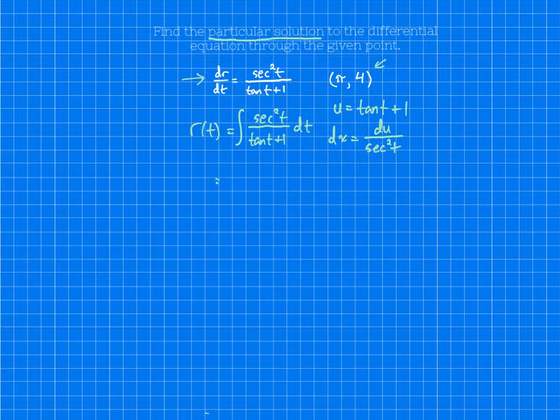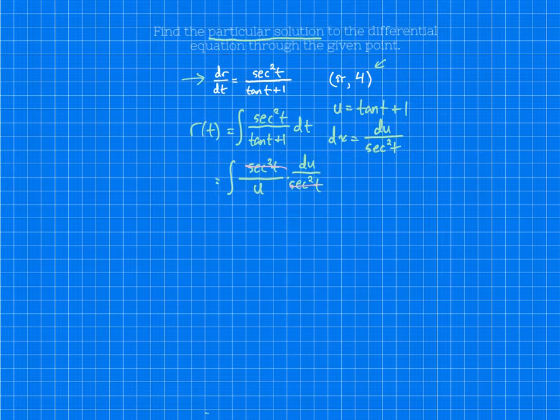So let's make the substitution. I'm not subbing anything into secant squared. However, my bottom does become u. And then the dt, oh, I'm sorry, I put a dx right there. I meant dt. The dt will end up being du divided by secant squared of t. And now we see that these secant squareds cancel out.